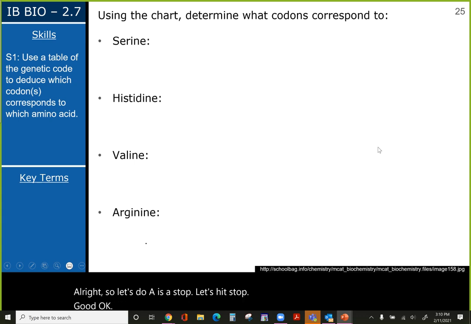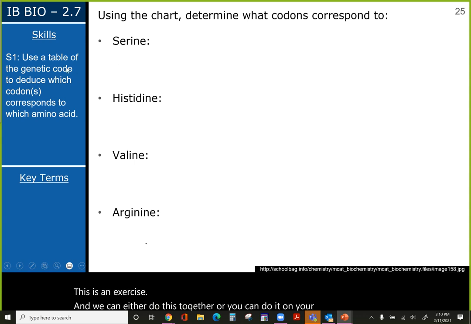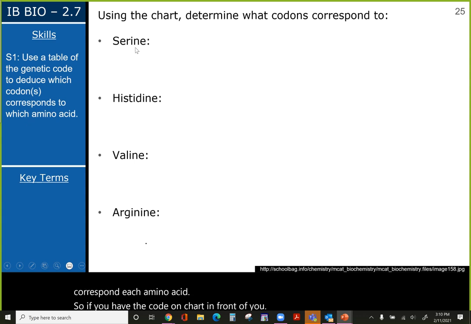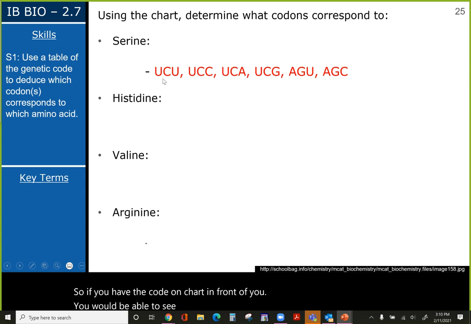So this is an exercise, and we can either do this together or you can do it on your own. I think you guys kind of get it, though. Use the table, the genetic code, to deduce the codons that correspond to each amino acid. If you have the codon chart in front of you, you would be able to see that serine is coded by a series of different codons.